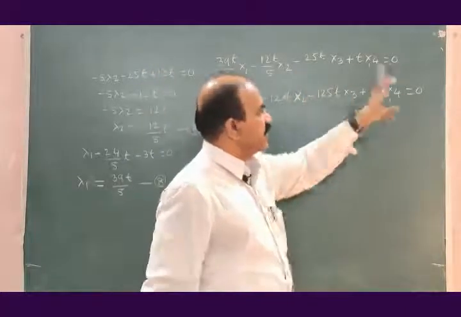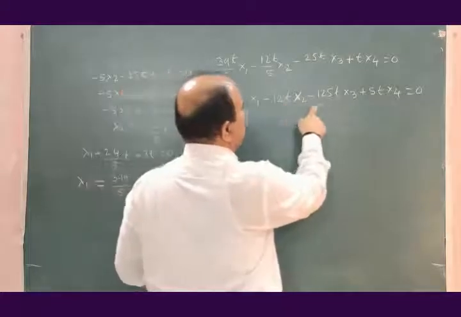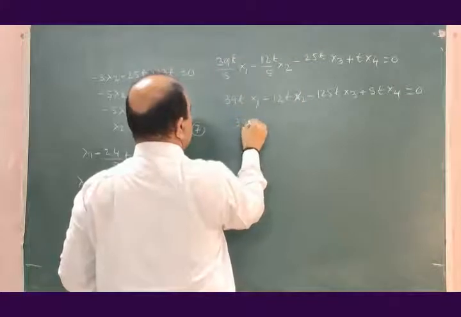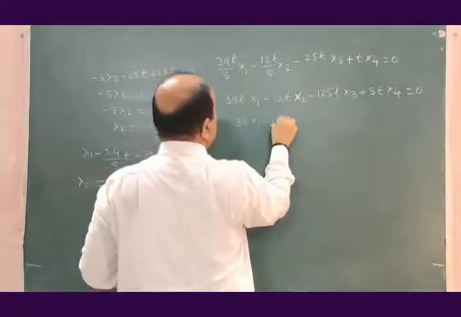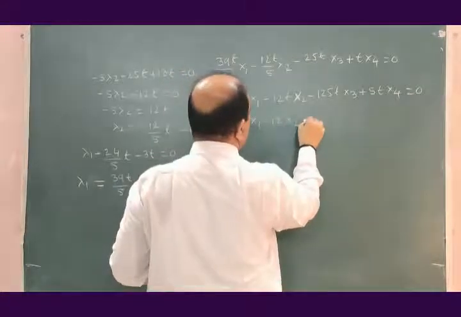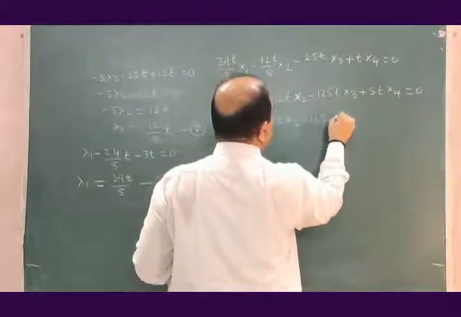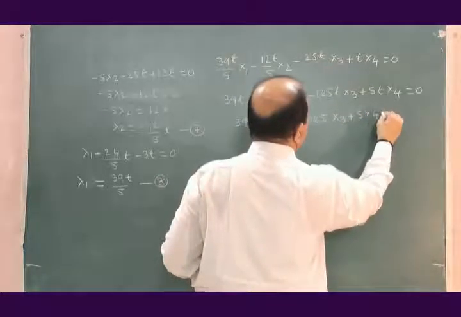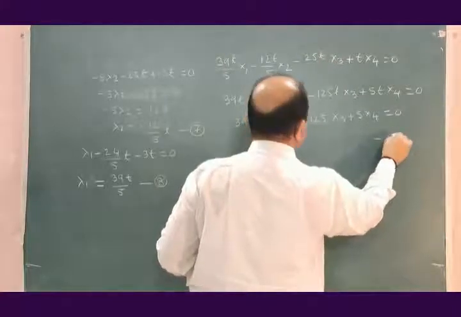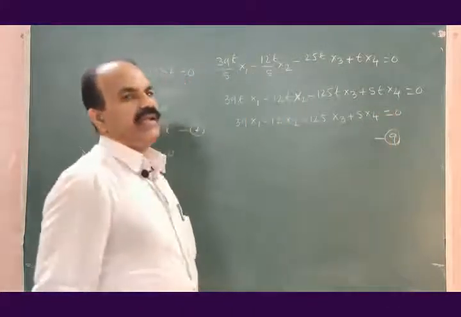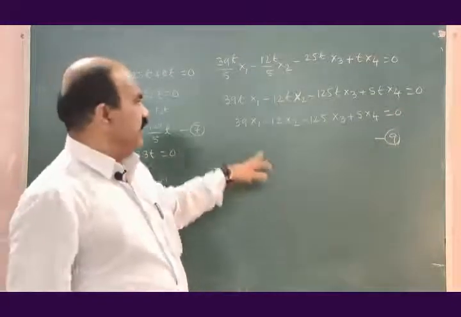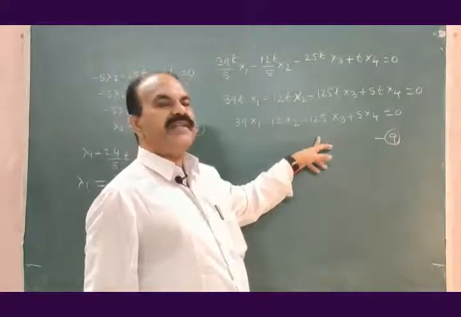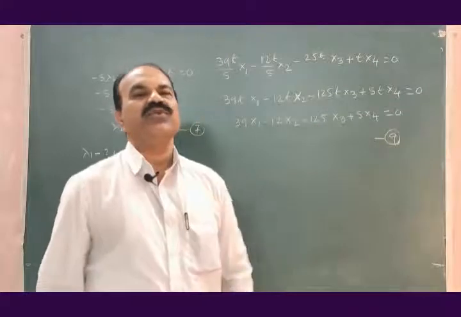And this 5 is sent to this side. Then take this t common, sent to other side to get 39x1 minus 12x2 minus 125x3 plus 5x4 is equal to 0. Equation number 9.